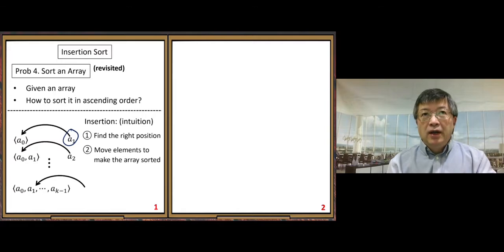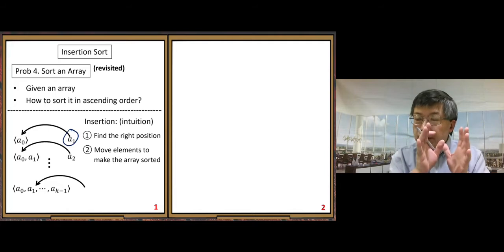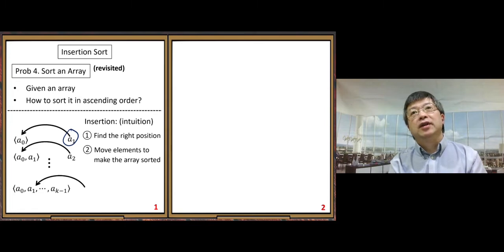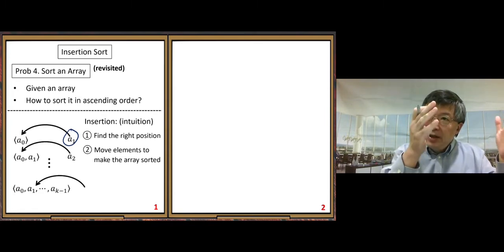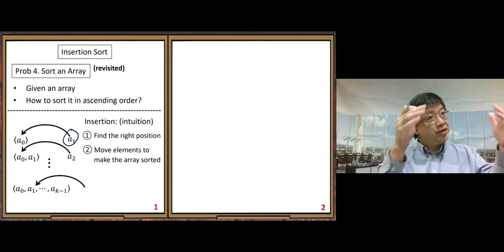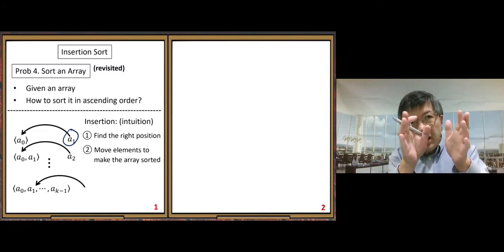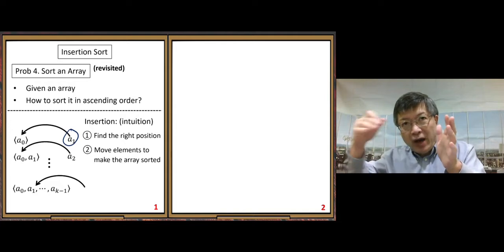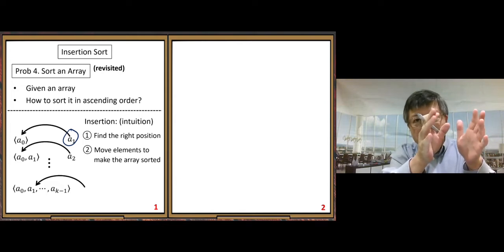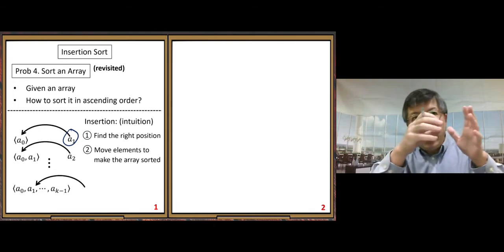Step two, move elements. We need to give some room for the new element, right? In the current existing sorted array, there is no room. So we need to shift some of the elements to the right-hand side by one position.